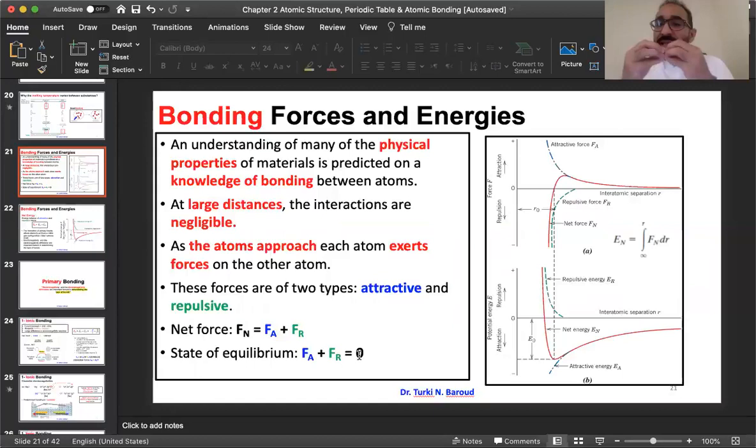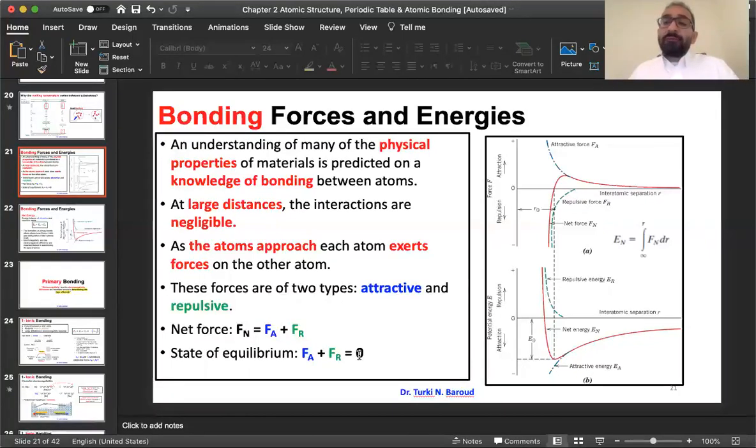That means they will stay at a certain position because they cannot go away and they cannot come closer to each other. They will stay as they are. This represents the interatomic spacing. That means if you, as an outsider, try to bring them away from each other, or you want to break that bond.